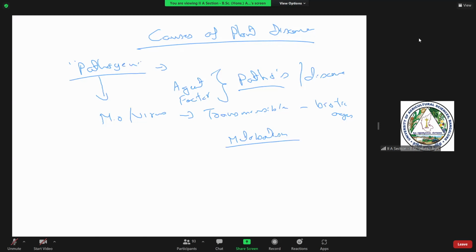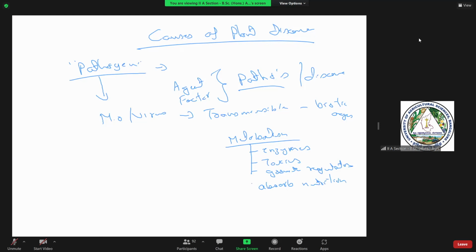How does it do that? It is done either by the production of enzymes, toxins, growth regulators, or any other substances secreted, which are responsible for absorbing nutrition from the plant's host cells.